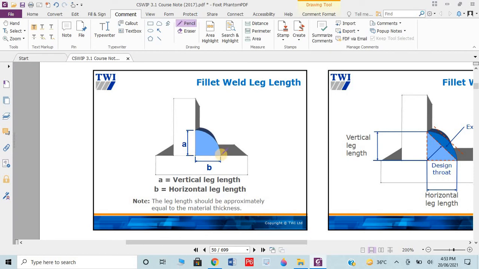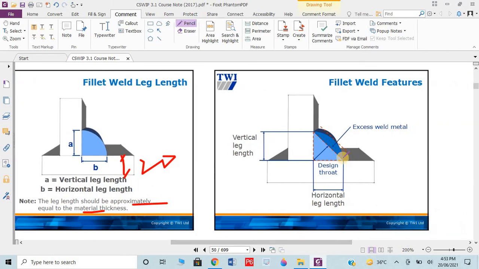Root to toe is called leg length, either horizontal or vertical. You can see A is the vertical leg length, B is the horizontal leg length, right? And this leg length is approximately equal to the material thickness. Like if the material thickness is 20 millimeter, then the preferred leg length, horizontal and vertical, is also 20 millimeter. Remember this point as well.